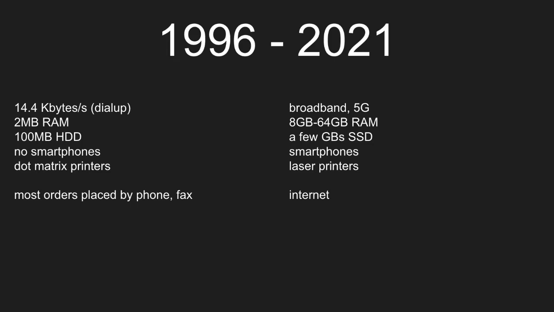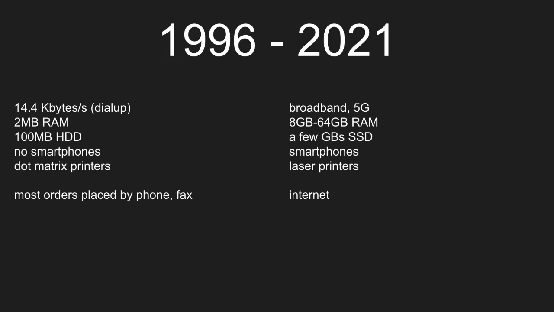Orders placed via internet were still a very new thing in 1996. Most people didn't use it. They preferred placing orders by phone or via fax. A lot of my friends used to place orders via fax.